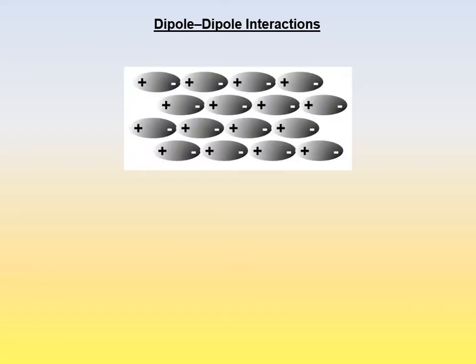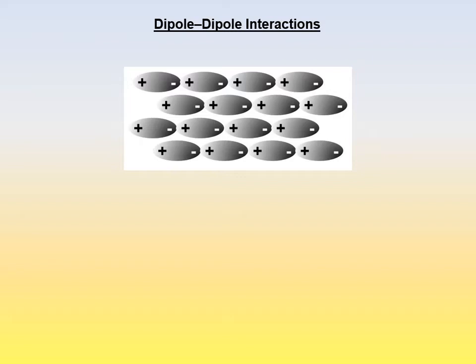So for dipole-dipole interactions, here we have a schematic representation of permanent dipoles, they are simply interactions where the negative end of one dipole is oriented in such a way that it is in close proximity to as many positive ends of other dipoles as possible, and vice versa. The positive end is surrounded by as many negative ends of other dipoles as possible.